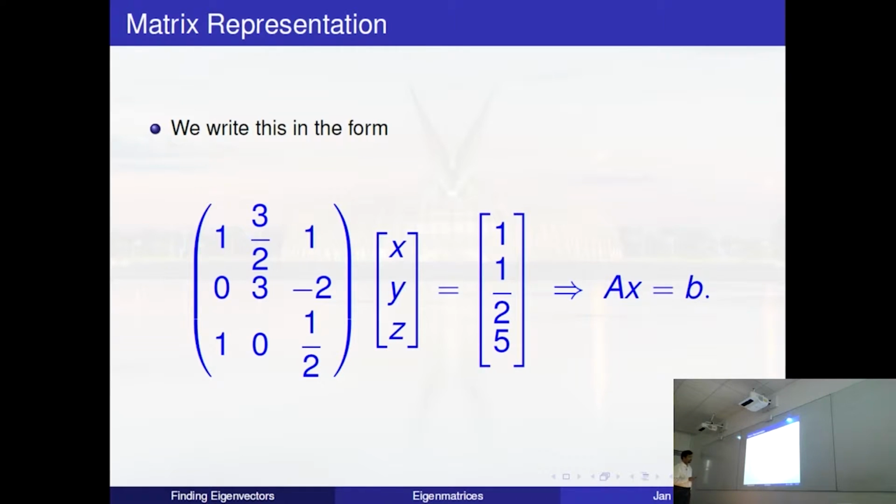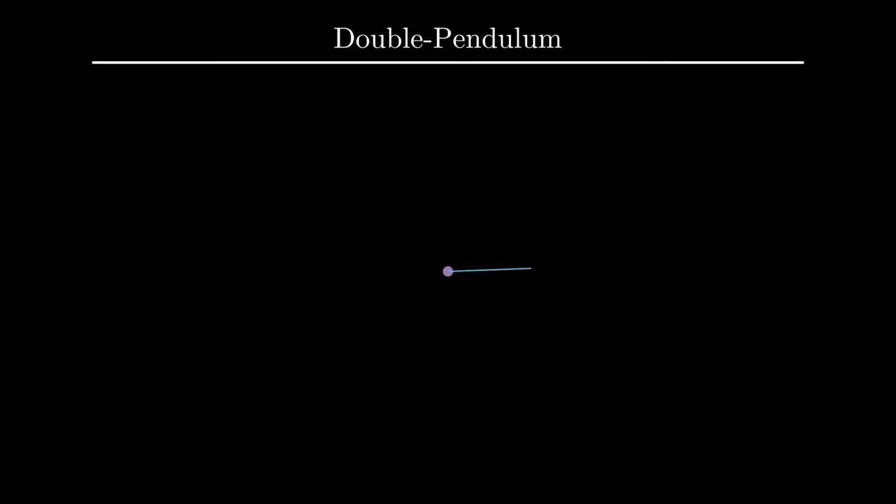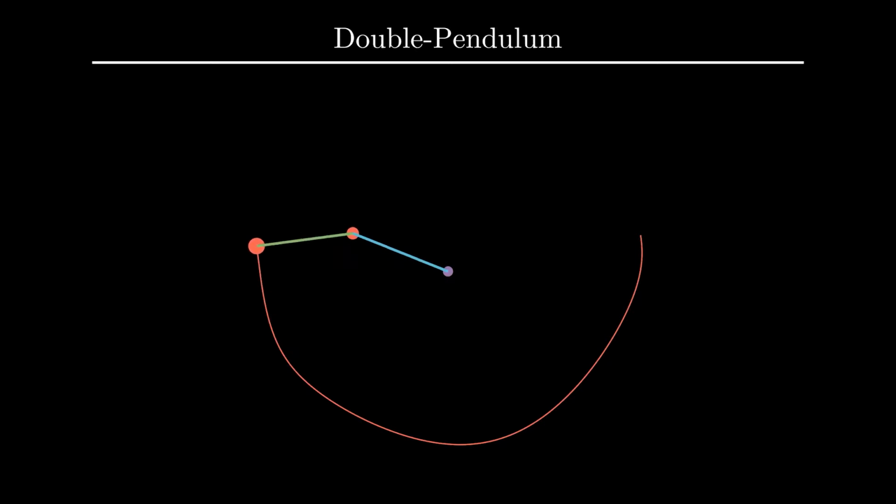So we still don't see any eigenvectors so far. So let's see where those eigenvectors come from. For example, we have what we call the double pendulum problem. This is something that appears in modeling problems. So let's look at the double pendulum problem.